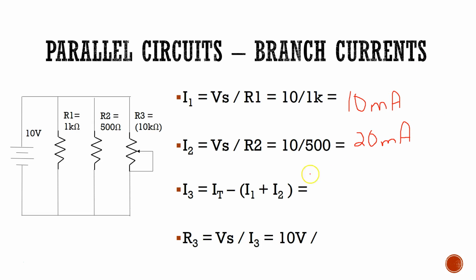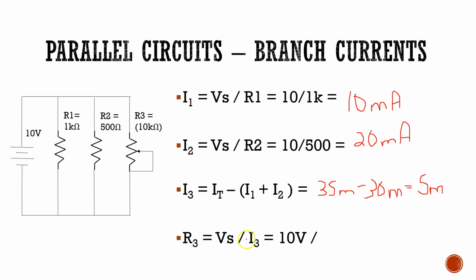Okay, so let's say we only wanted the total current in the circuit to be 35 milliamps. So we'd have 35 milli minus the 30 milli of the combination of I1 and I2, and that would leave us with 5 milliamps for the remaining branch.